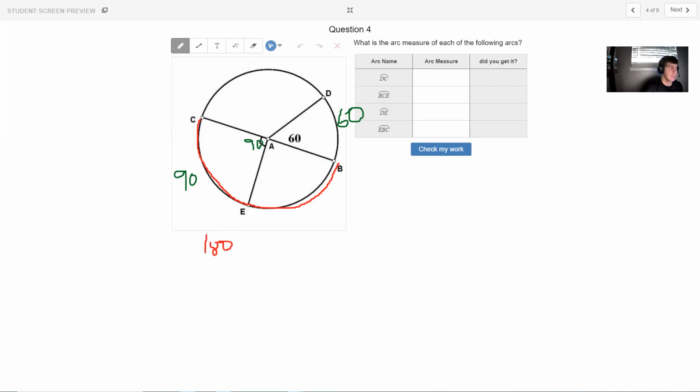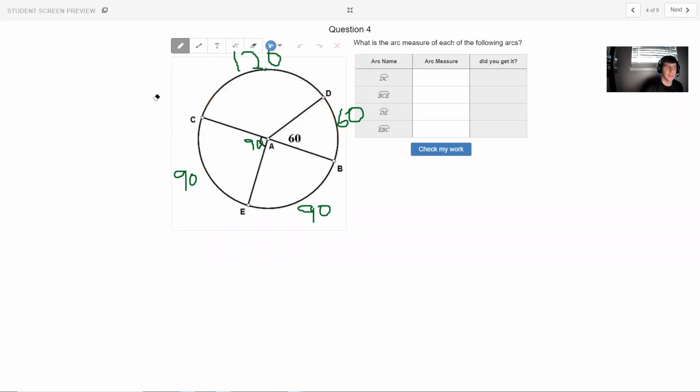So we do 180 minus 90, and that's going to give us 90 for our EB. And then we have another half circle on the other side. So arc CDB is a semicircle. It adds up to 180. So we do 180 minus 60 is 120. So the measure of arc CD then is going to be 120.